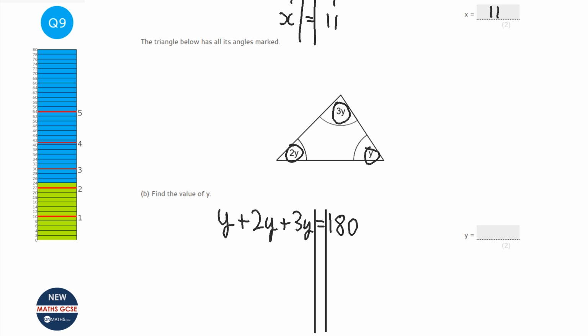So 1y plus 2y plus 3y gives us 6y in total. Then what we need to do is get rid of that times 6 by dividing 6 both sides. So y equals 180 divided by 6. Well, I know 18 divided by 6 is 3, so I know that's going to be 30.